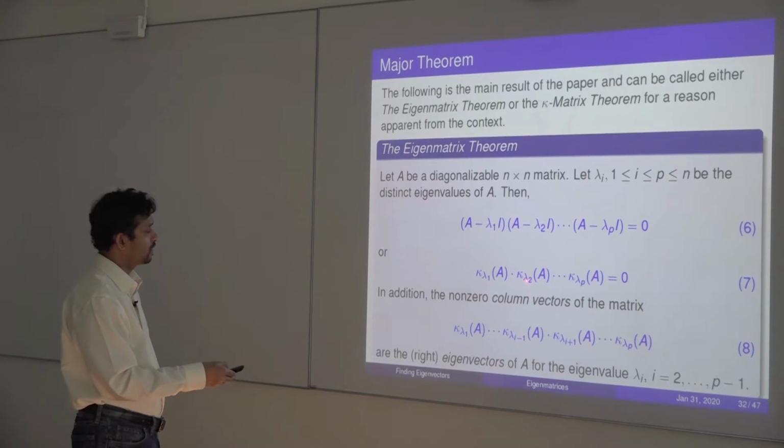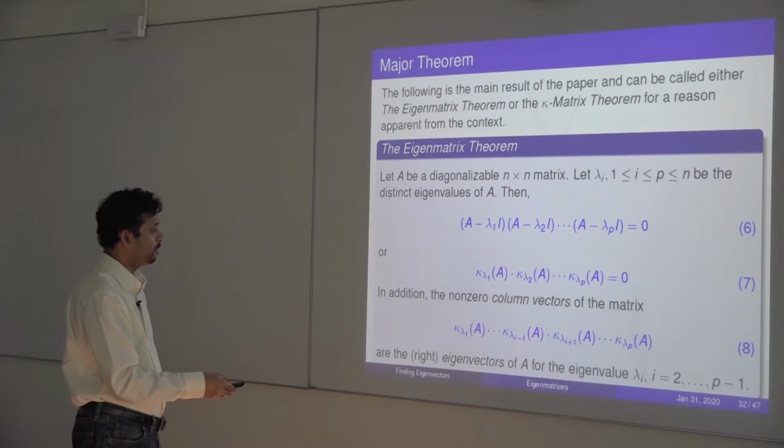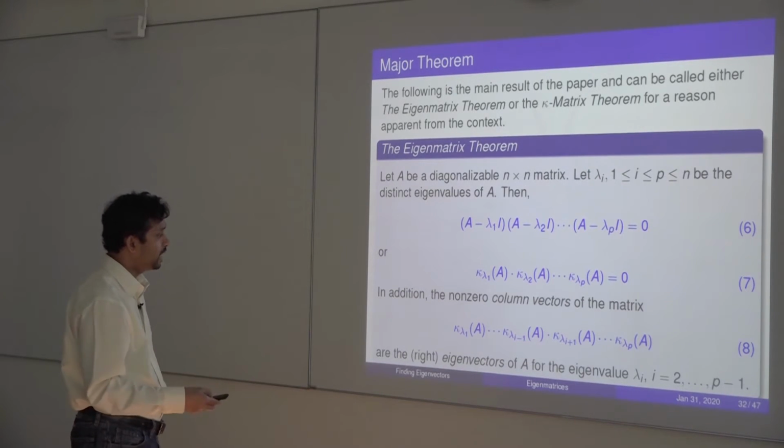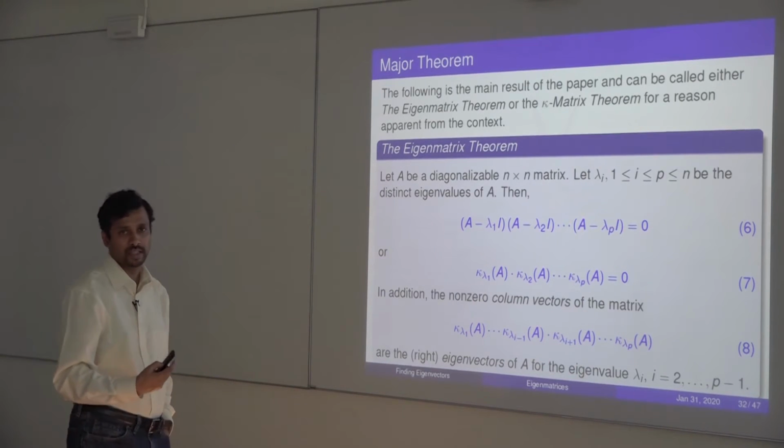So you can see when you multiply, let's say you just pull out one of them and multiply everything else. For example, you pick the kappa matrix for lambda I out, and then multiply everything else, and you can see that this produces a single matrix.